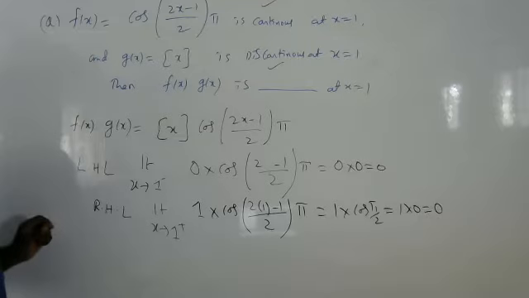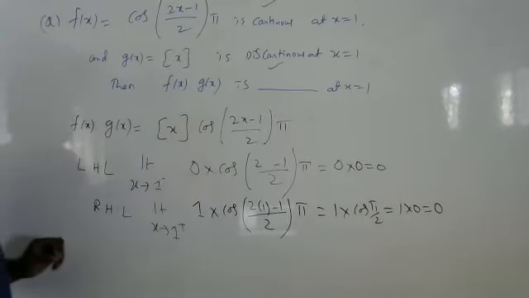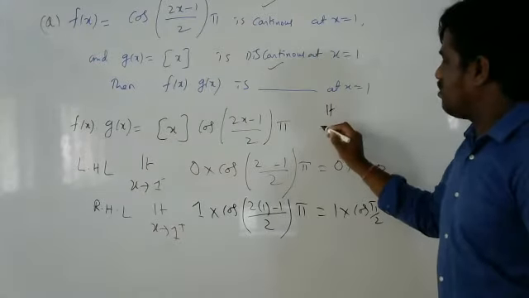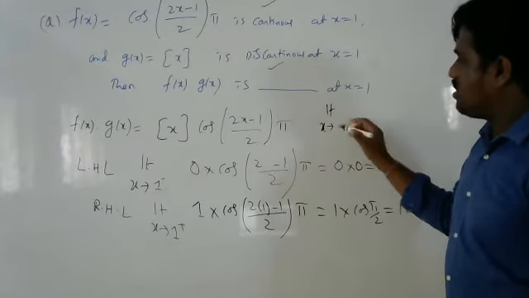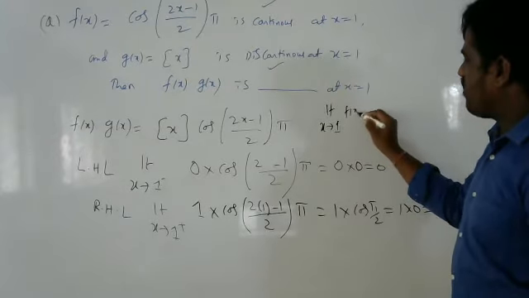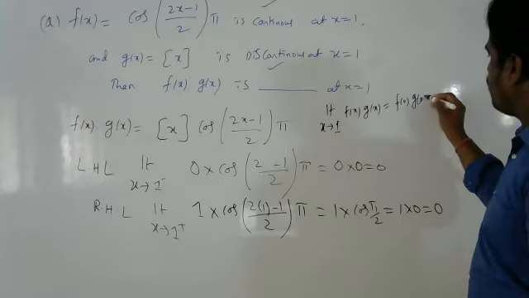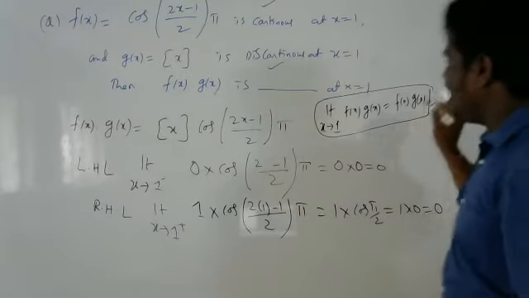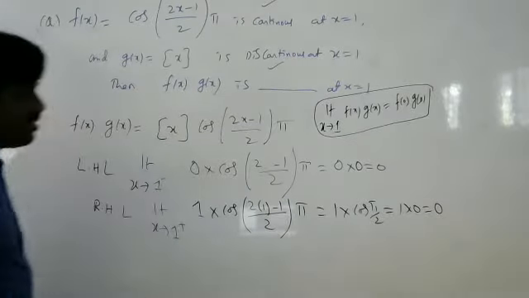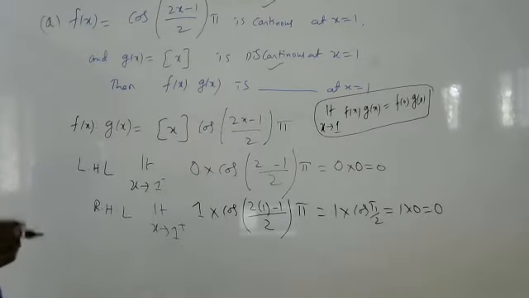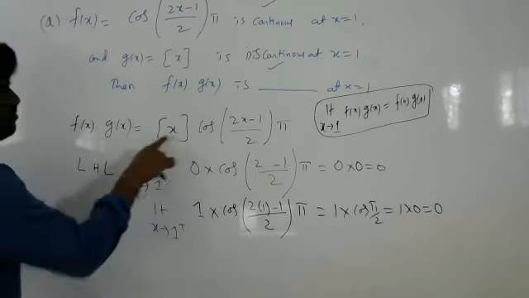Now what is the condition for continuity? The limit is equal to the value of the function. Limit as x tends to 1 of f of x into g of x must be equal to f of 1 into g of 1. Then only it is continuous.